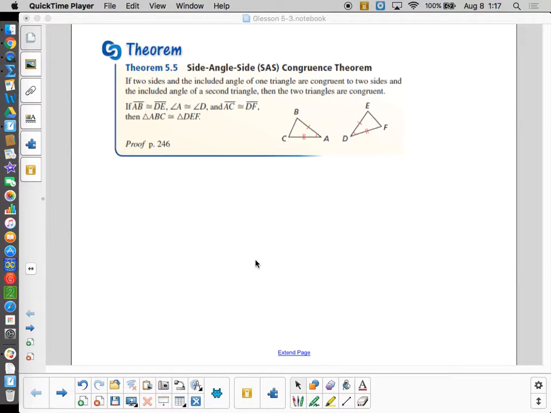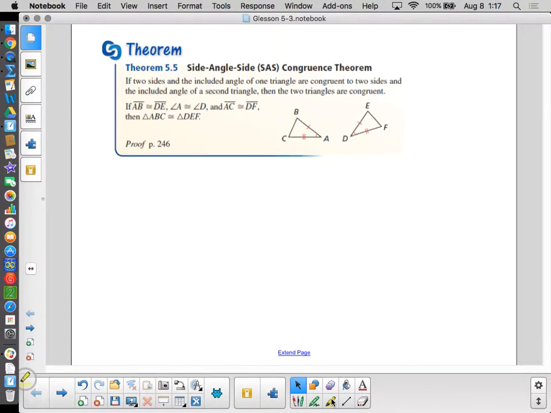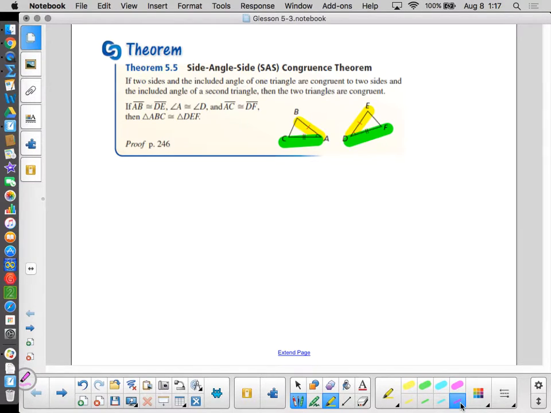Basically what has to happen is I have to have 2 pairs of sides congruent in 2 triangles. So I've got BA here congruent to DE, and I've got CA congruent to DF. That's fantastic. But then I need to have the angle that connects those 2 sides also be congruent.